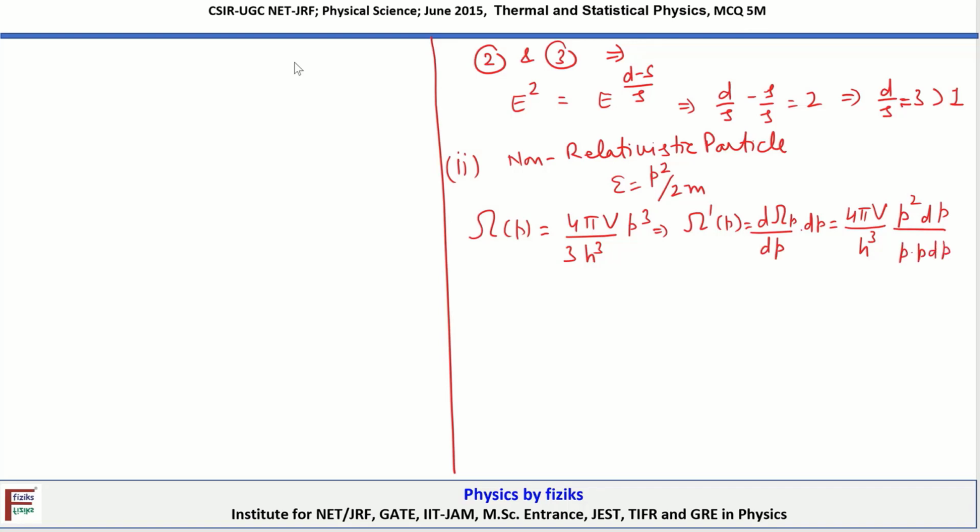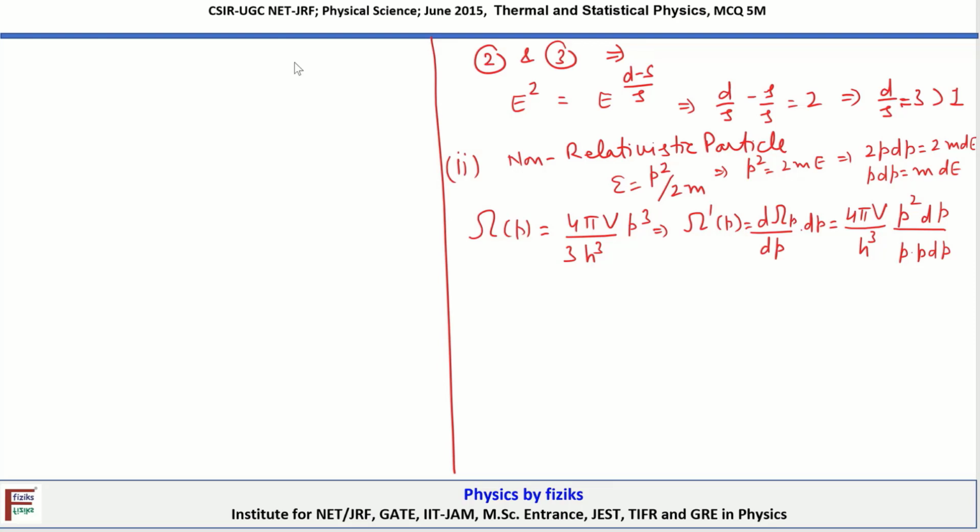Because p square by 2m is equal to E, I can rewrite this as p square is equal to 2mE. So that means 2p dp is equal to 2m dE, or p dp is equal to m dE. So we will make this substitution in the integral.